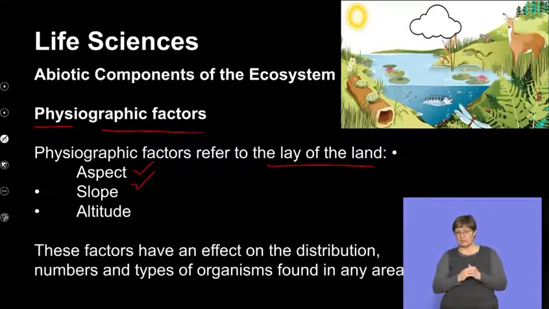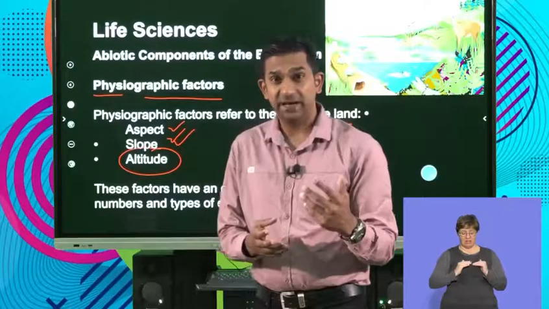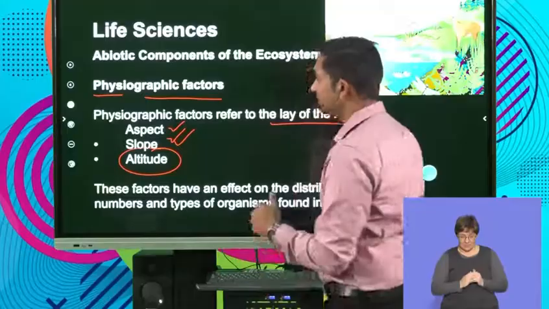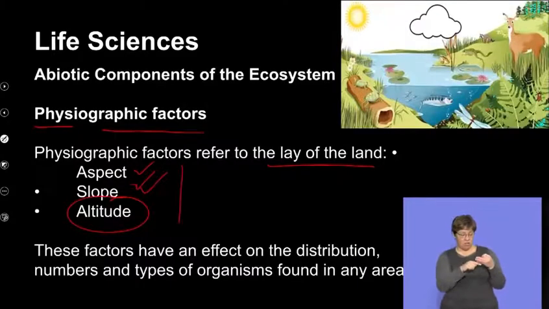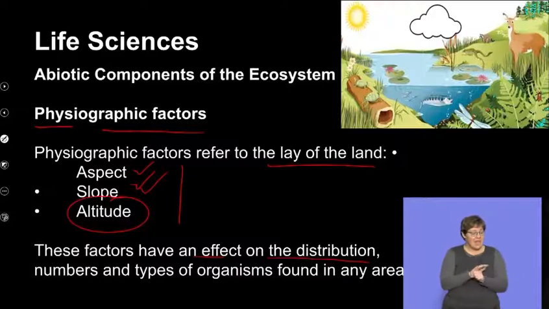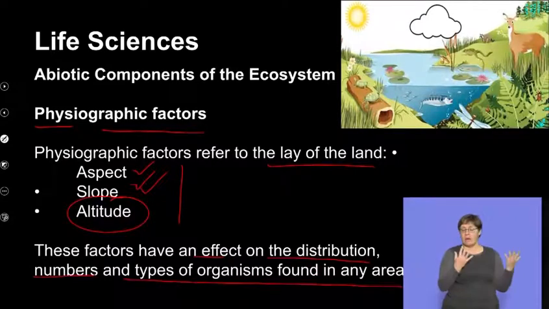So that refers to the slopes. And we also refer to the altitude. And the altitude is the height of an area above sea level. And collectively, all of these physiographic factors can influence the complexity of life in an ecosystem. So these factors have an effect on the distribution of the numbers and the types of organisms found in an area.